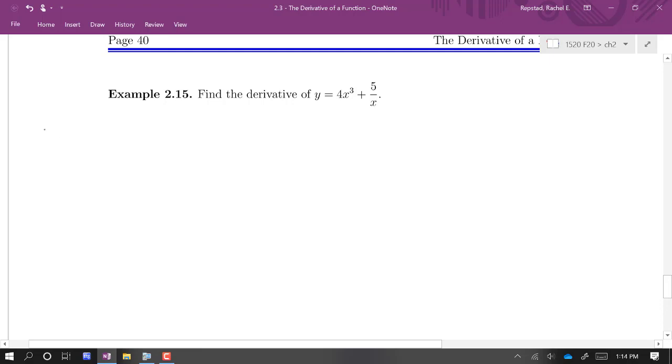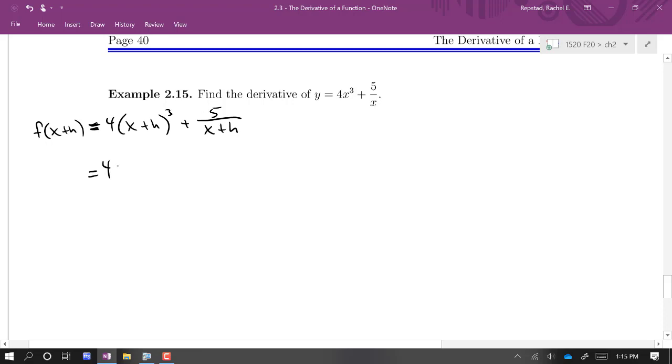So let's do some algebra here. f of x plus h is 4 times x plus h cubed plus 5 over x plus h. I'm going to expand that x plus h cubed. You might remember from the last section, we spent a little bit of time talking about Pascal's triangle and how we can use it to help us expand this.